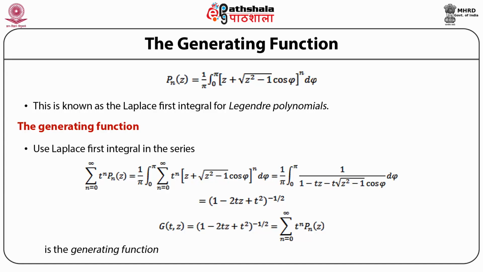On evaluating it, we get summation over n going from 0 to infinity t raised to power n Pn of z is equal to 1 by square root of 1 minus 2tz plus t square. Hence, we have the generating function given by capital G of t, z is equal to 1 by square root of 1 minus 2tz plus t square. It can be written in the series form as summation over n going from 0 to infinity t raised to power n Pn of z.